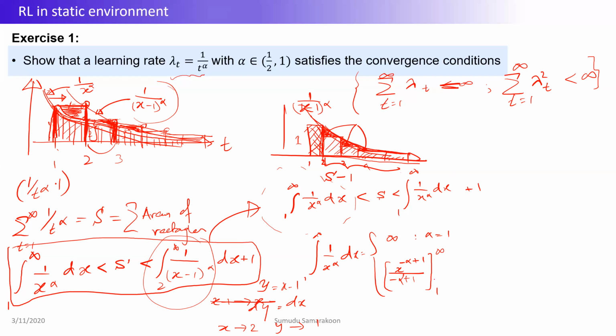Now we can consider two parts from here. When 1 minus alpha is positive, which means when alpha is less than 1, and we substitute infinity into x, infinity to a positive power is going to be infinity. So here it is going to be infinity.